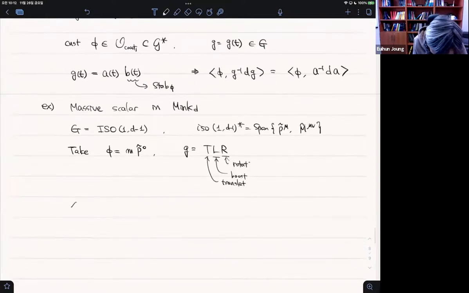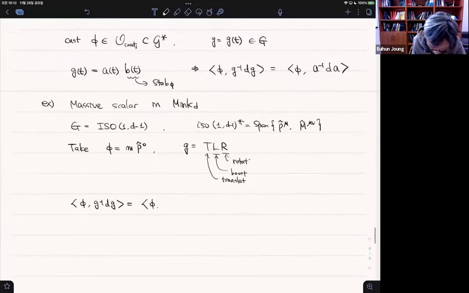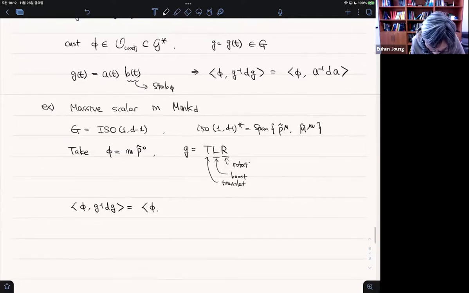So in the end, we compute this object. Then what we get is phi, and then there will be two pieces here: TL inverse, and then DTL.